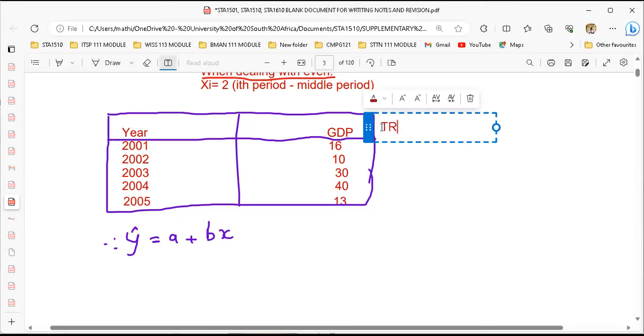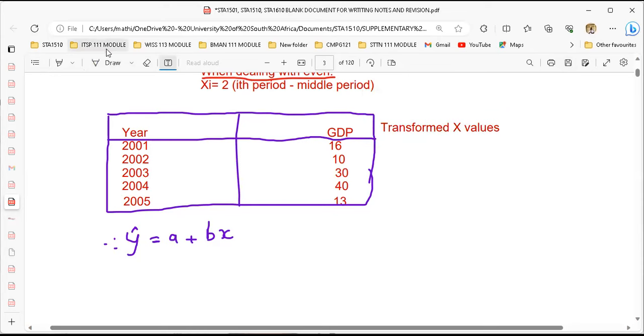Transformed x values. We need to find the transformed x values, and once we get them, it's going to be easy for us to find the equation.